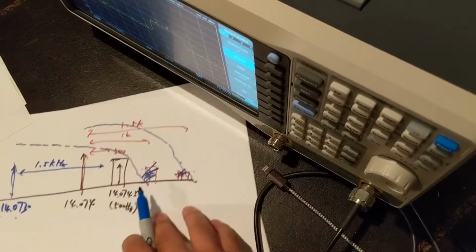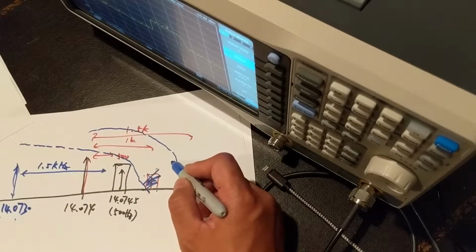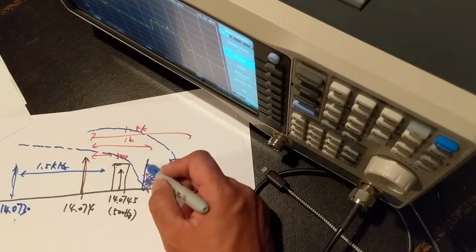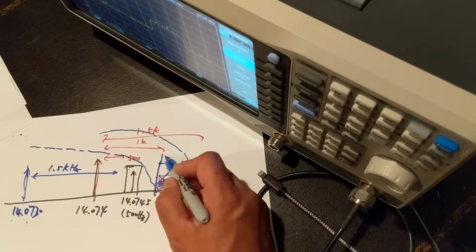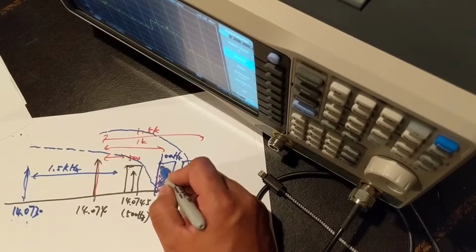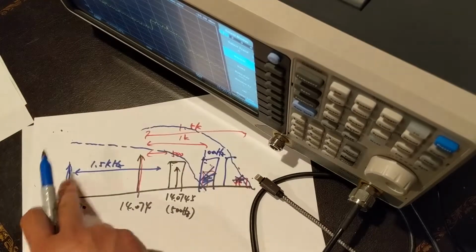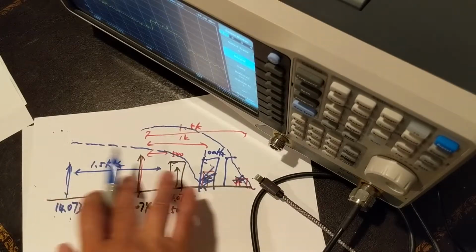And this is for 500. For the 1000 channel, for the 1000 hertz signal, if I use the same carrier, then this will be filtered out, so this is too low.